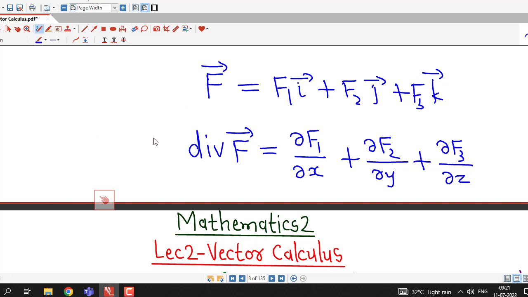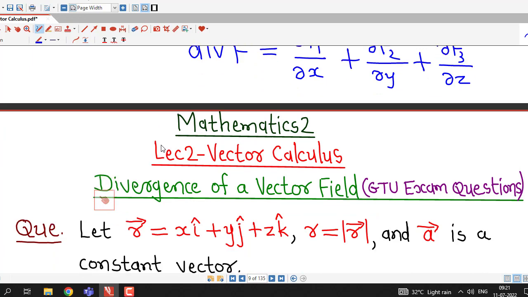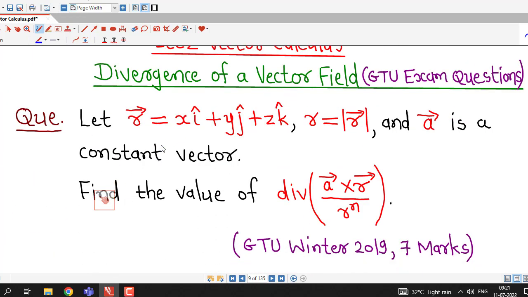And using this definition we are going to discuss this question which was asked in GTU Winter 2019 exam for 7 marks. So first we understand what is question about.